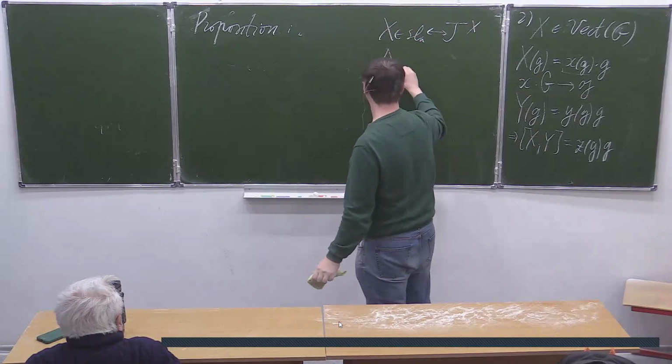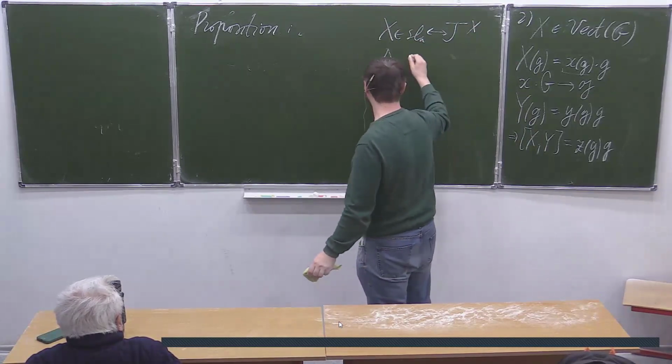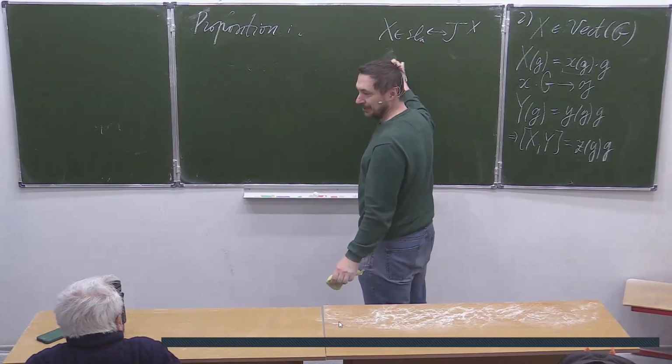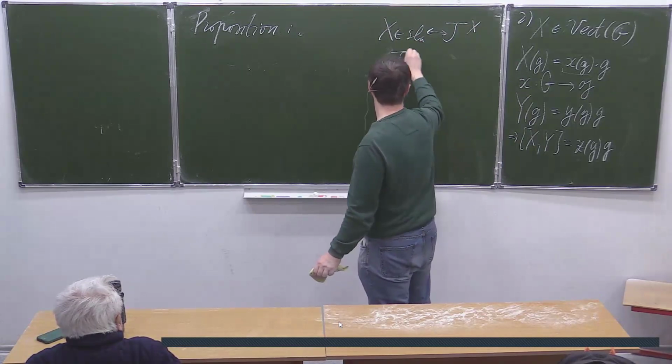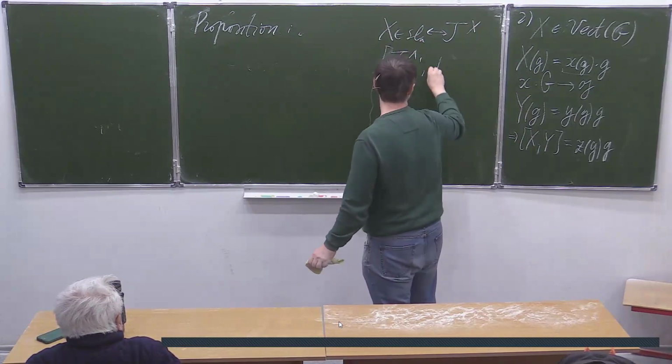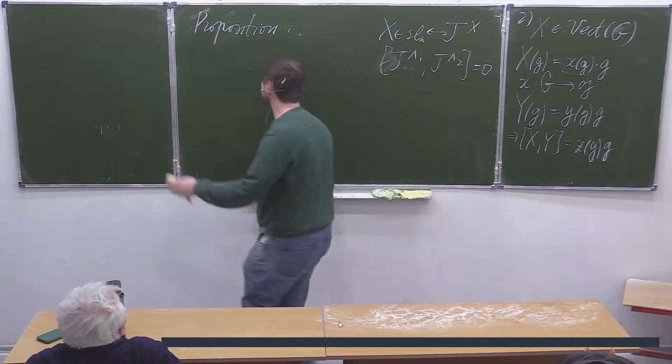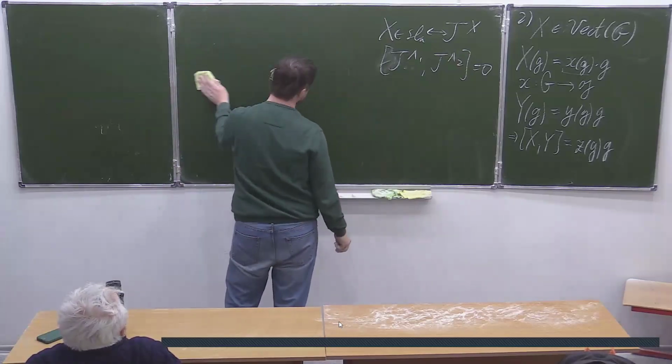All diagonal matrices commute with each other. So I see that Toda fields for different lambdas commute with each other. That's it.